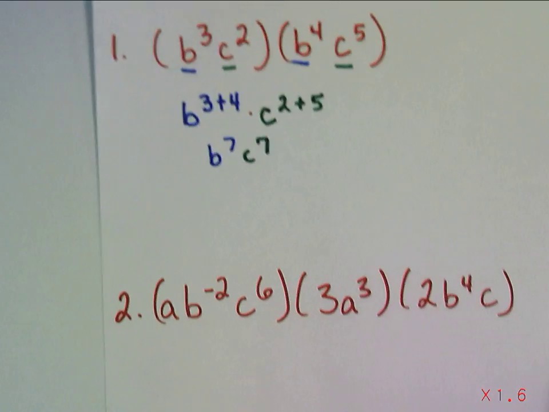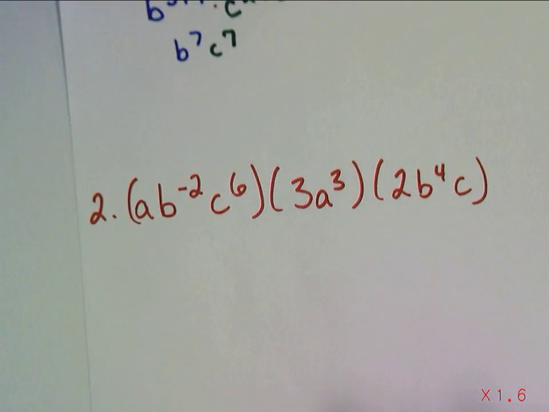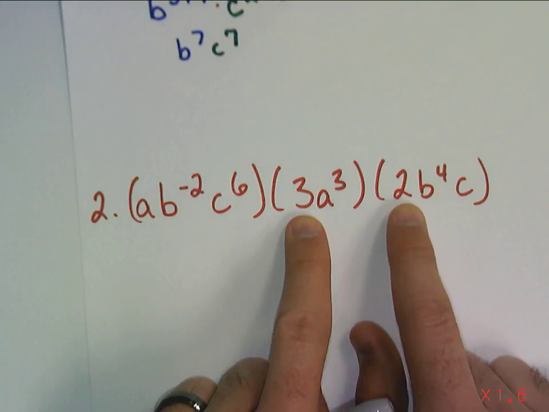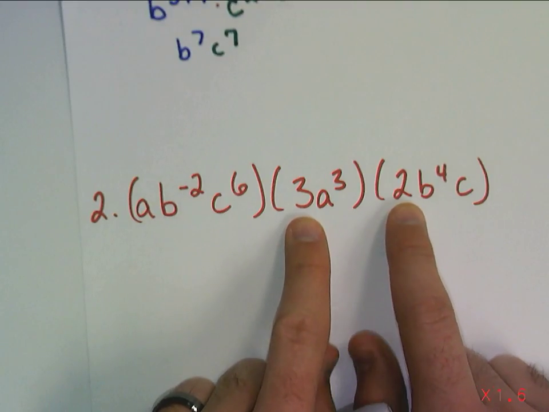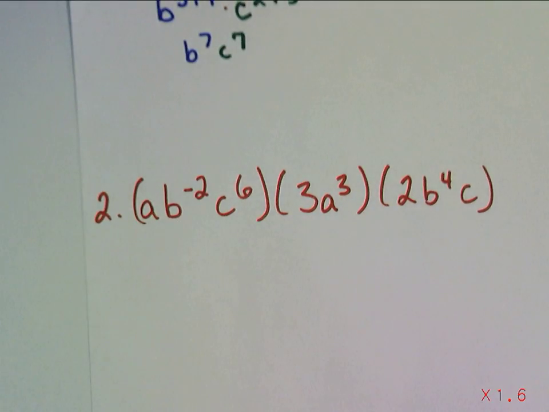Now I want you to try number 2 here. One thing to keep in mind is that any coefficients you have can be multiplied together, so I should have 6 in the front of my answer. Go ahead and pause the video and try this one using what we learned in the product rule.